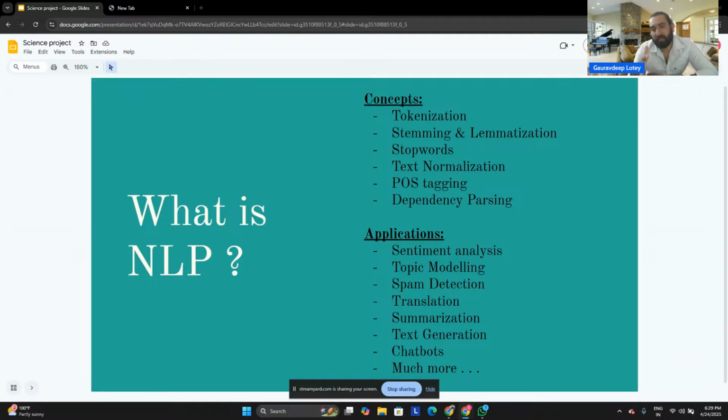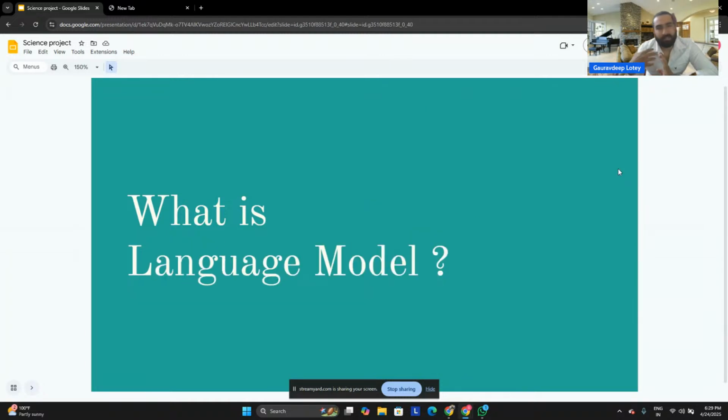This is where the current generation of large language models also plays a role. ChatGPT, which is quite popular these days, Gemini, and other important models which are coming into the picture, are finding applications around the same things that we are talking about. With that being said, let us try to understand what a language model is.